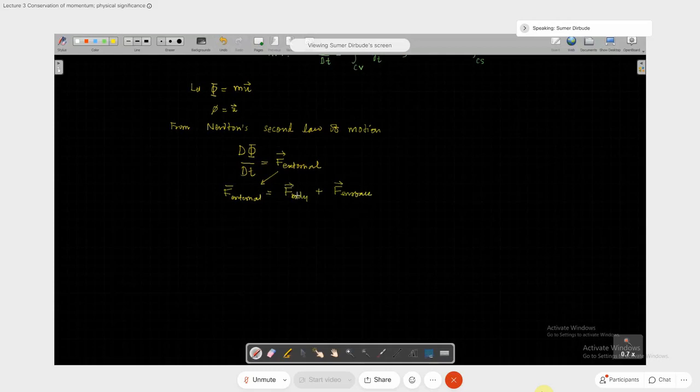Now, body forces are like gravity. They act completely throughout the volume, like the gravity force. Surface forces act on the surfaces, like pressure and shear; these are examples of surface forces.